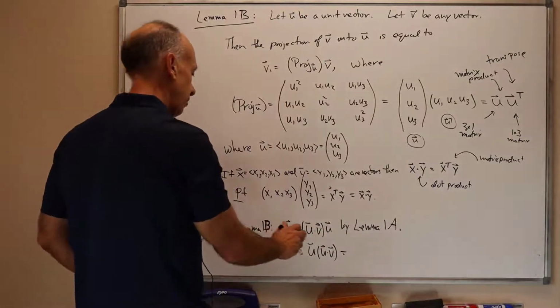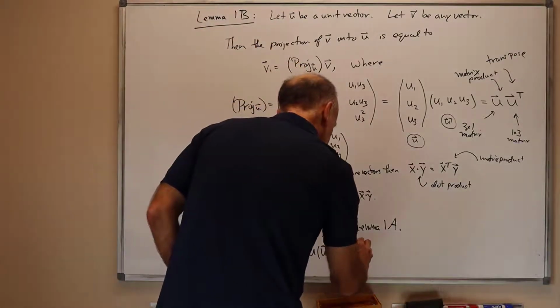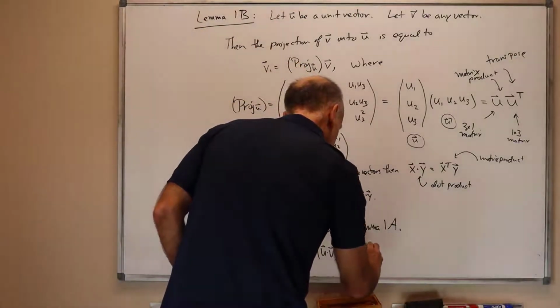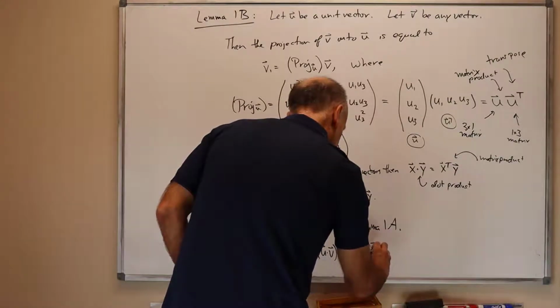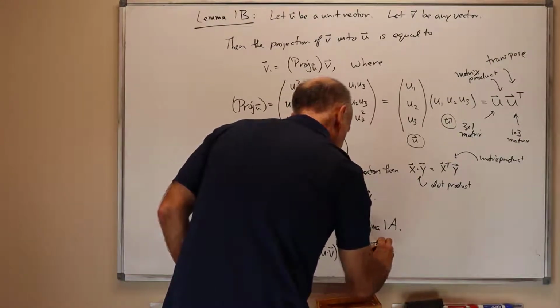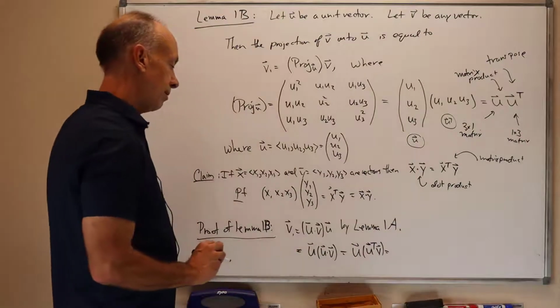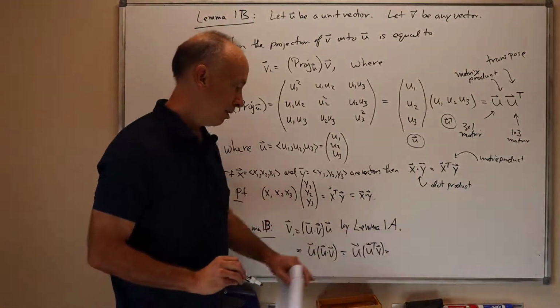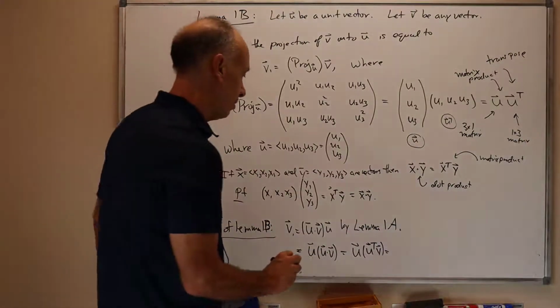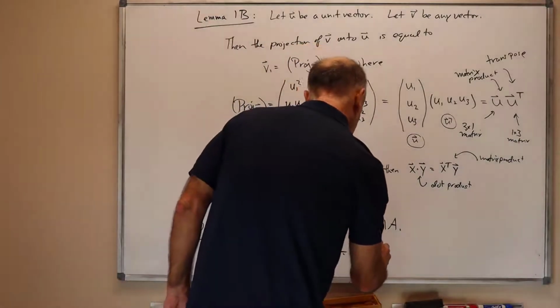Now by the claim, let's change these to matrix products: u dot v is the same as u transpose v. I've just changed the dot product to a matrix product with the transposed vector there.